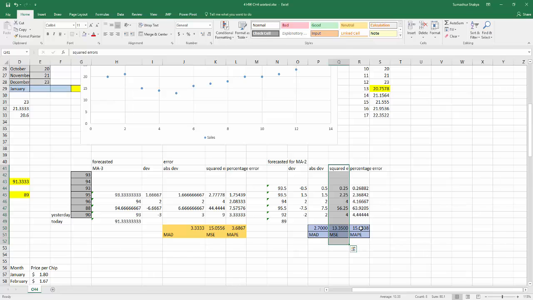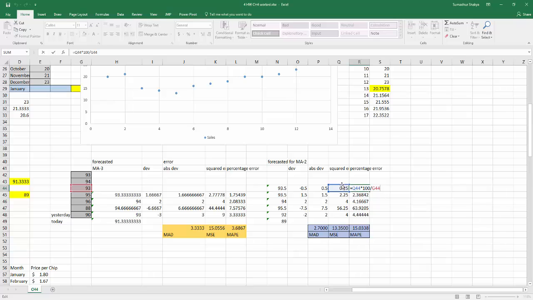Now, if we were to talk in terms of percentage, let me see, did I do this right? Yes. So in terms of percentage, we can see it's 3.68 for the 3-day moving average, wherein this one is coming out to be a little too big. Error.